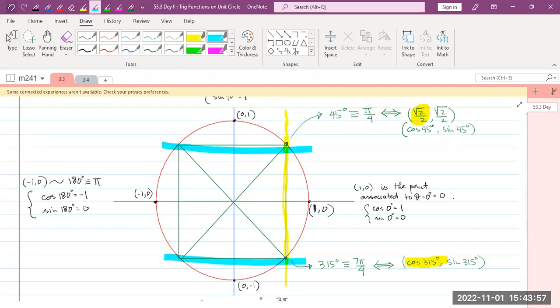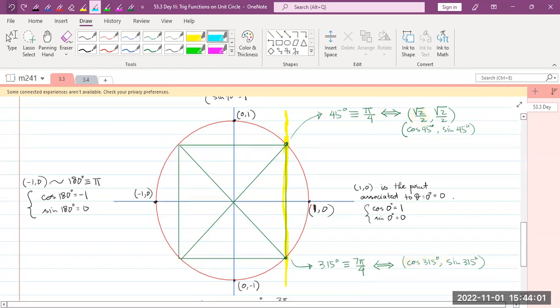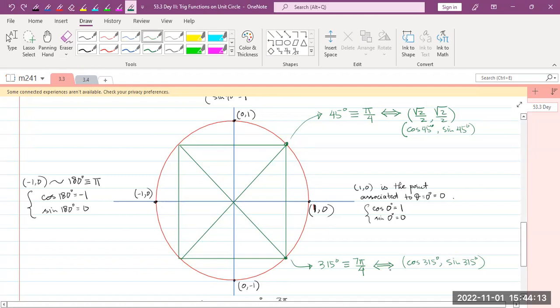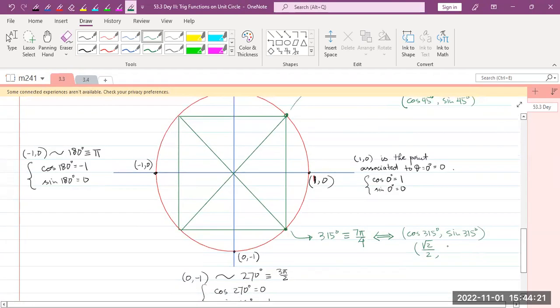The x component must be the same, because it's the same x. However, the y component must be opposite to sine 45 degrees. So this must be the same x, radical 2 over 2, the same x as cosine 45 degrees, but the opposite of sine 45 degrees.